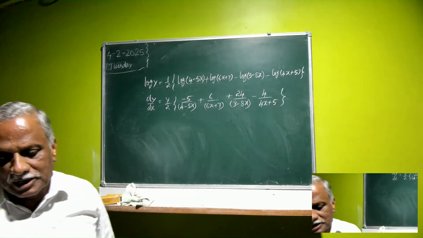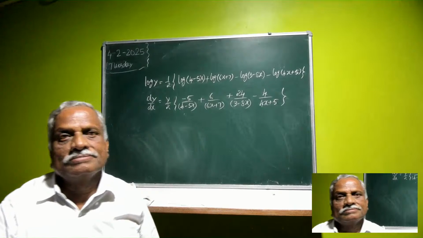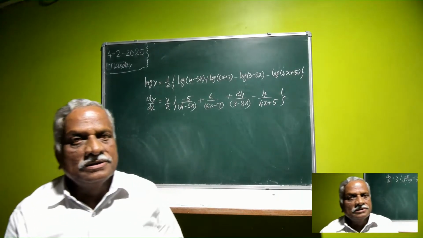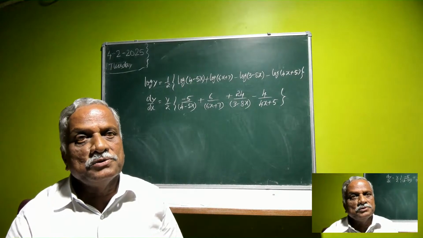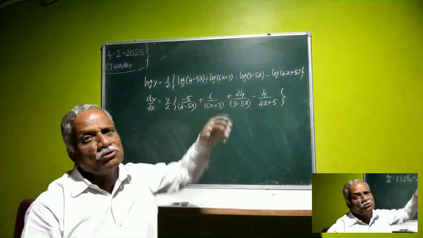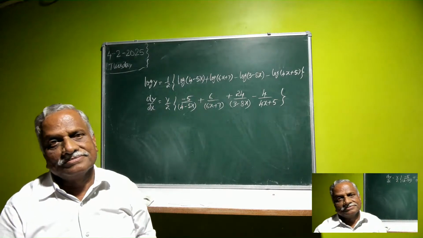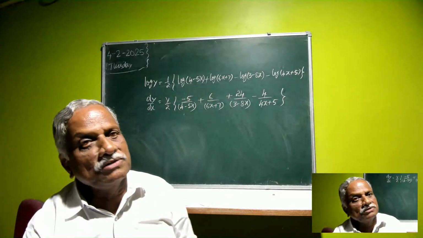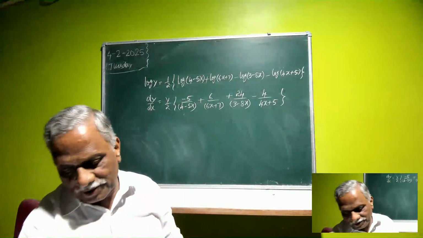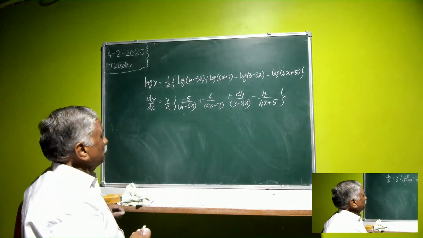So logarithm problems are comparatively easy. Only thing is you have got to use the laws of logarithm and use the corresponding chain rule. These are chain rule only, but simple chain rule. With the problem that we work in chain rule, these things should not appear difficult for you. Now let's go to the next type of problem.